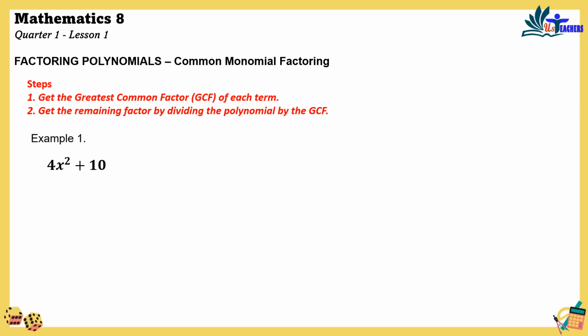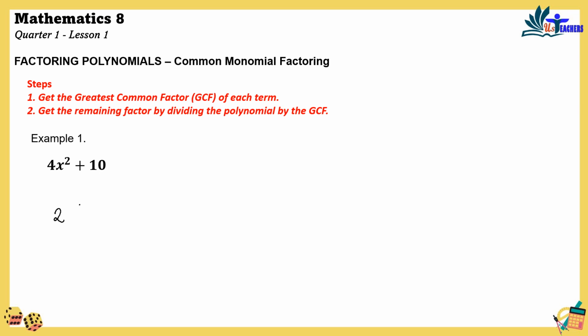So, tulad kanina, hahanapin muna natin yung GCF nila. So, what is the GCF of 4 and 10? So, the GCF of 4 and 10 is 2. Ngayon, tingnan natin yung variable. Parehas ba silang may variable? Hindi. So, isa lang yung meron. So, therefore, wala na tayong GCF na variable. So, eto na po yung unang factor natin. So, ang kailangan na lang natin is yung second factor.